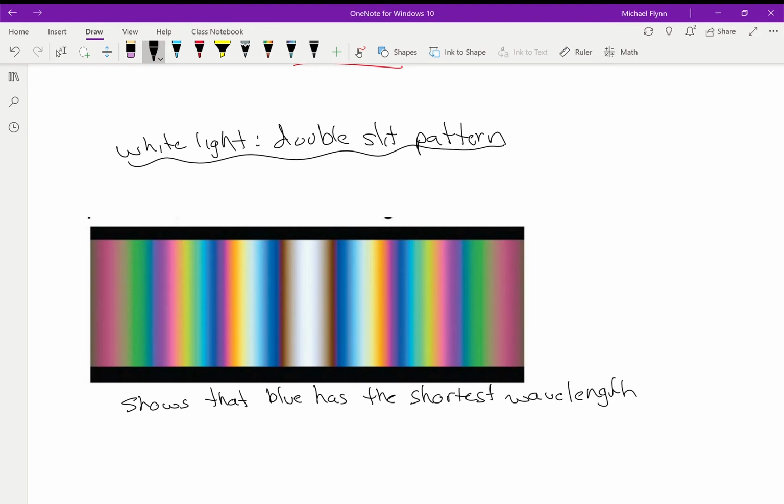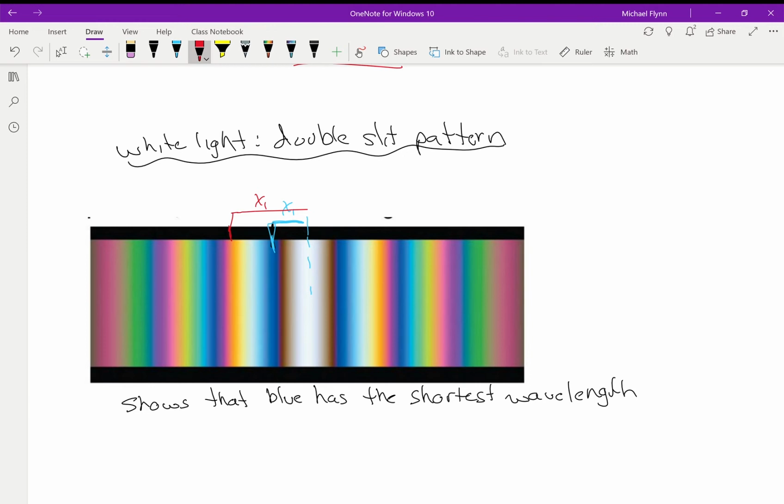We measure the distance between the center and the first fringe as our first delta x value, or x1 if you like. Let's say we go from the center to the first blue line. That's x1 for blue. But x1 for red is way over there. So this would be x1 for red light.